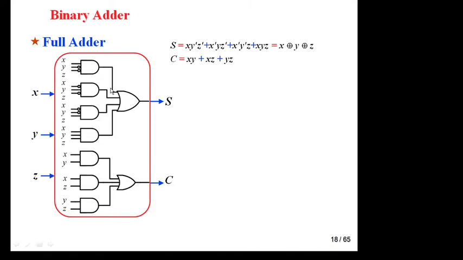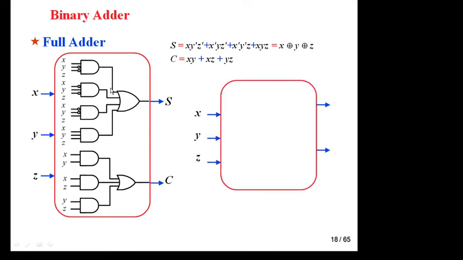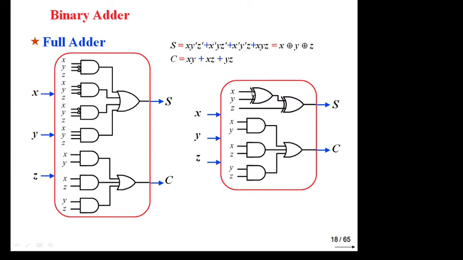This is x XOR y XOR z, and you have to remember that in case of XOR, at one time we can give only 2 inputs. Okay, x XOR y, then XOR z, this is sum, this is xy plus xz plus yz, this is carry. This is the circuit of a full adder.